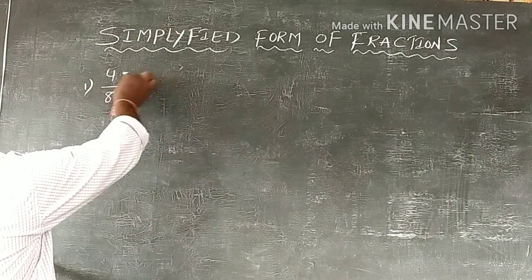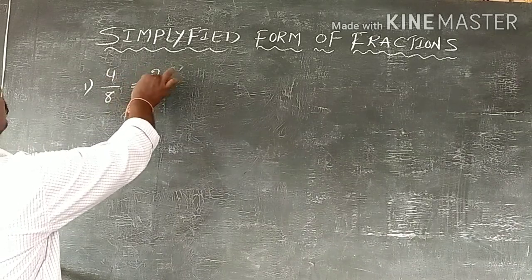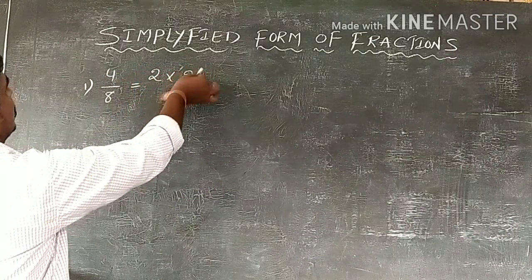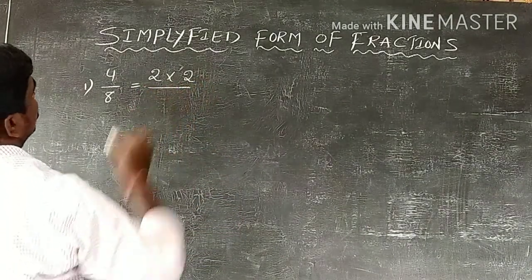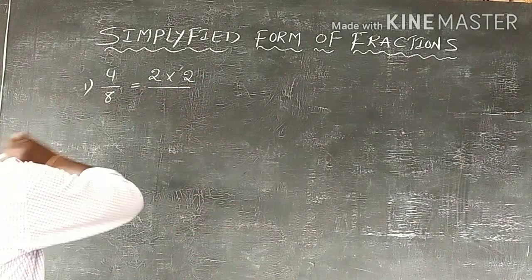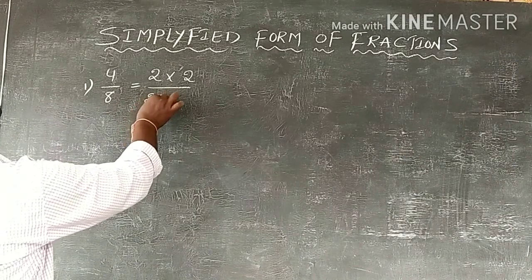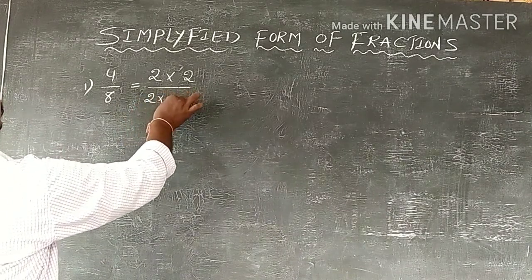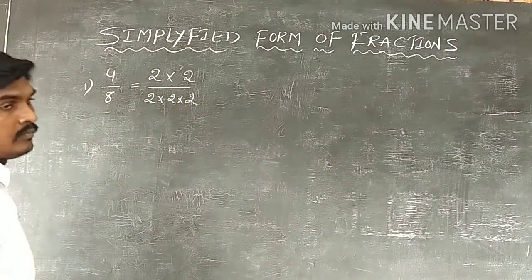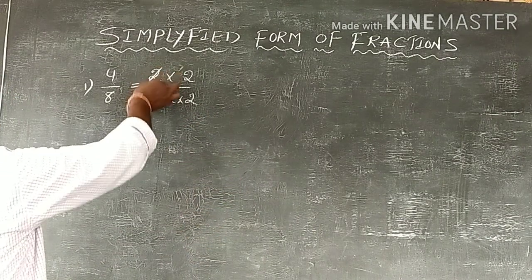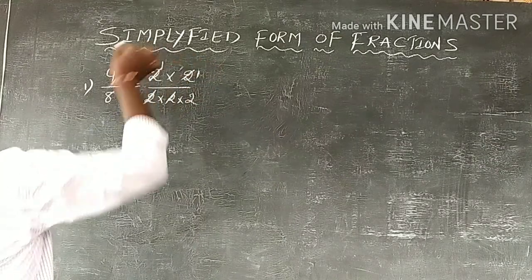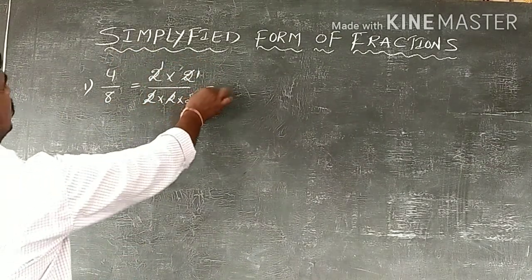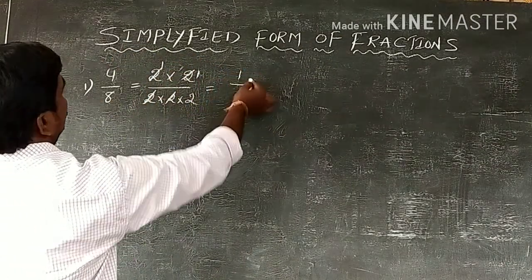For example, what are the prime factors of 4? 2 into 2. And 8 has factors 2 into 2 into 2. Here one 2 cancels, one time. So the result is 1 by 2.